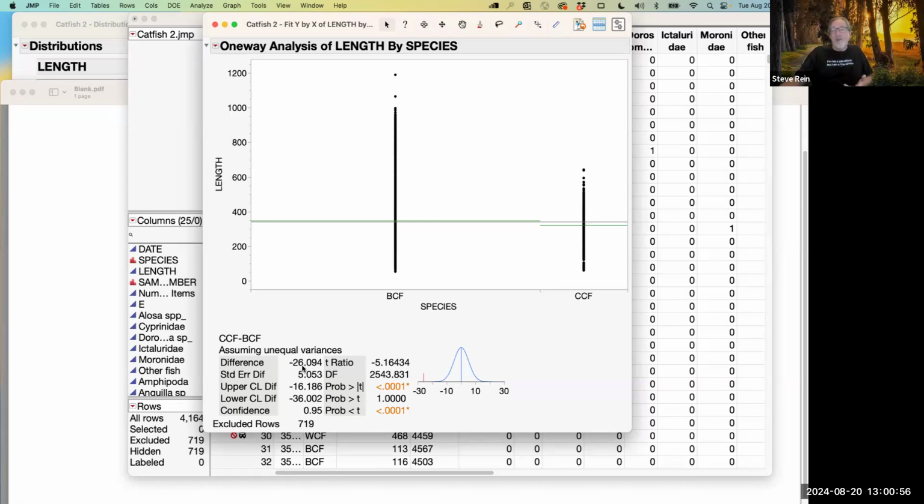So the one group is 26 millimeters smaller than the other group, but I'm 95% sure that in general, out there in the population, it's 16 to 36 millimeters shorter in length. The confidence limits you get for free in addition to your difference. You even have the standard error for the difference, the square root of S1 squared over N1 plus S2 squared over N2.